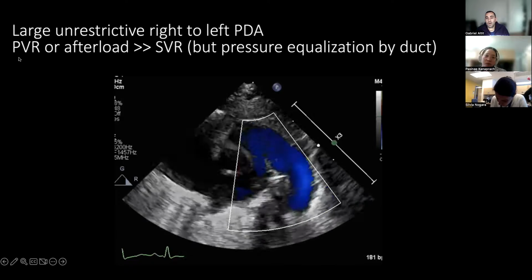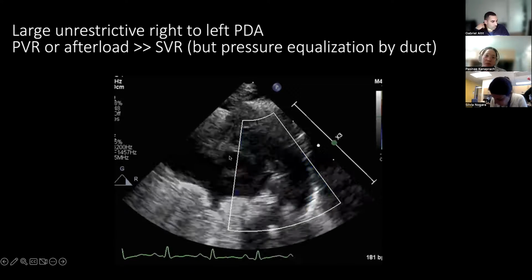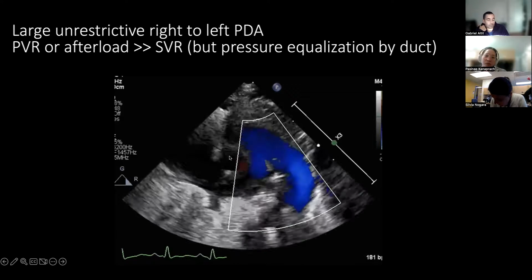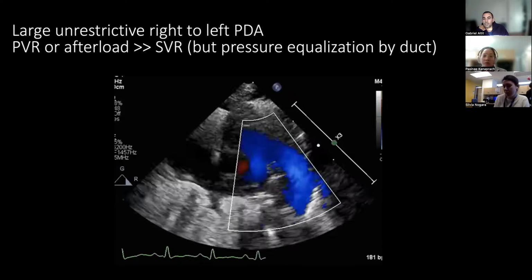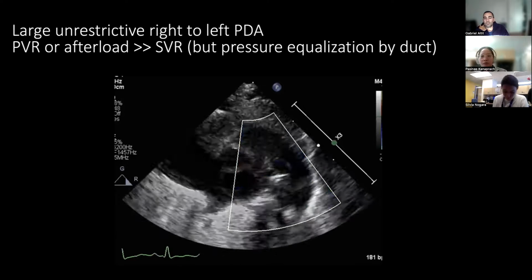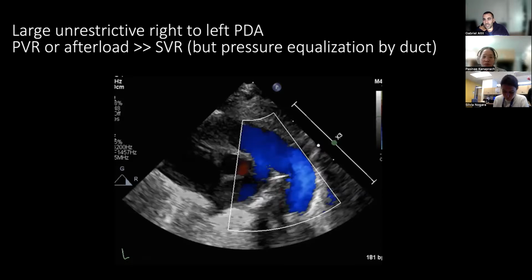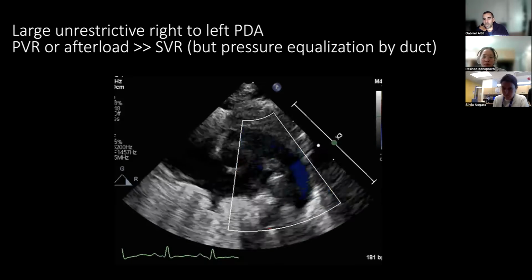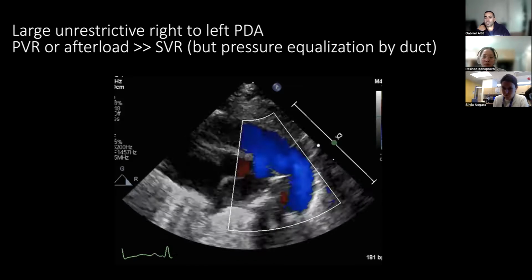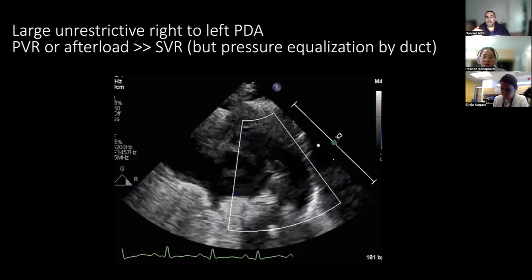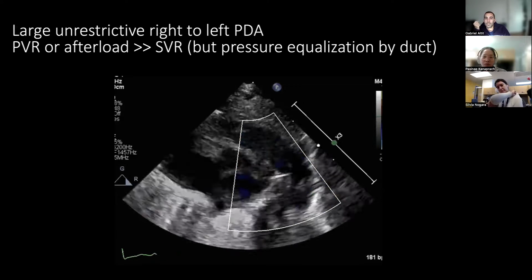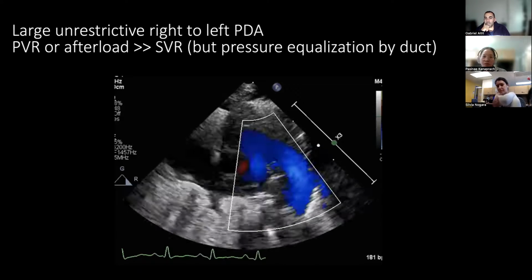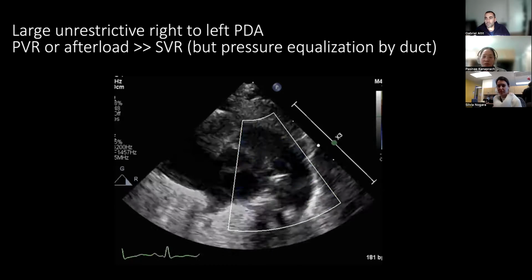Sometimes it's not the PVR. Think about a patient who would have very abnormal pulmonary vasculature, like blocked vessels by clot or diminished pulmonary vascular surface, and because of that, you're not able to fit the entire output. So there could be other reasons. It might not just be the actual resistance that is high in the sense that it's constricted. It could also be a fixed issue, like there's not enough vessels.